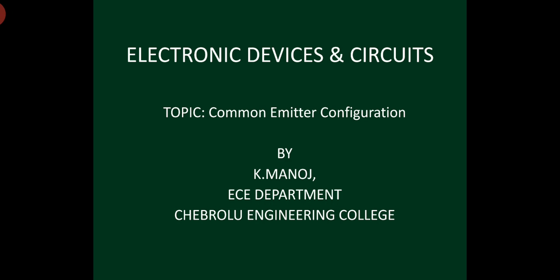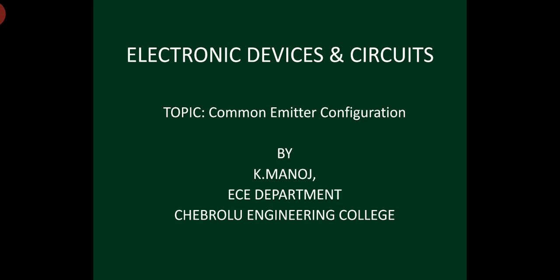By seeing the title, we can say emitter is common in this configuration. A transistor has three terminals: emitter, base, and collector, so emitter is common now. In common emitter configuration, emitter is common for both input and output terminals, so emitter is grounded.